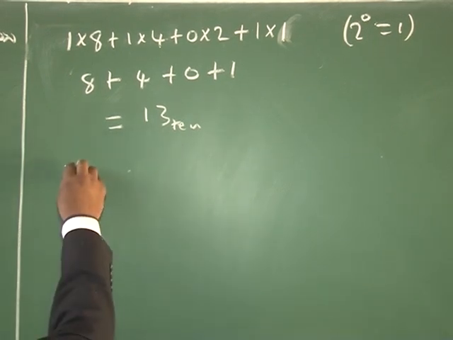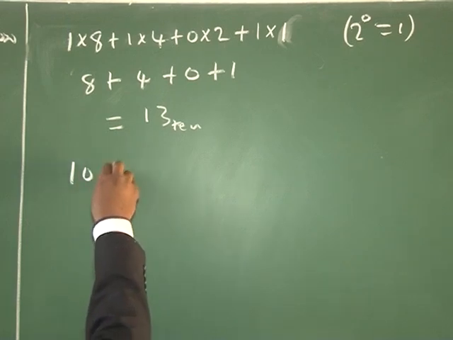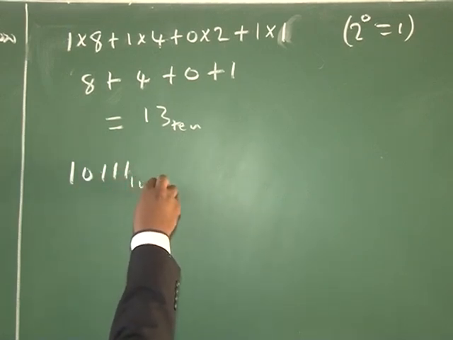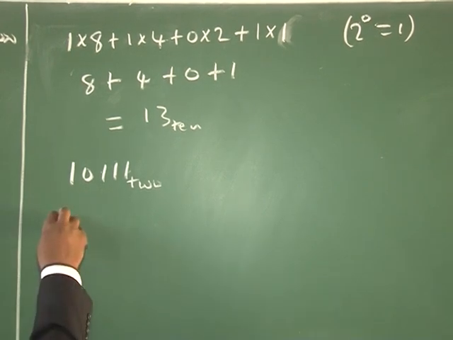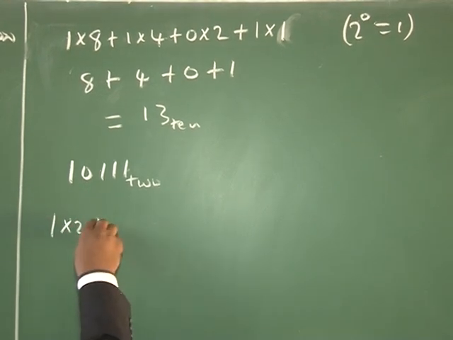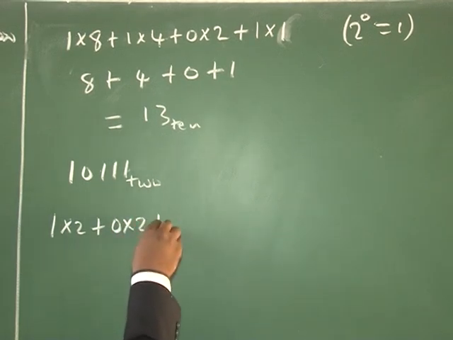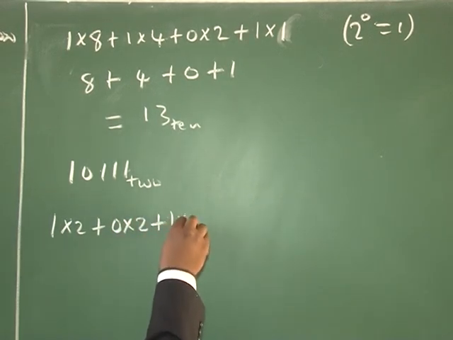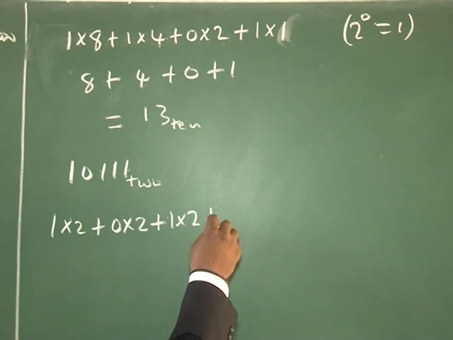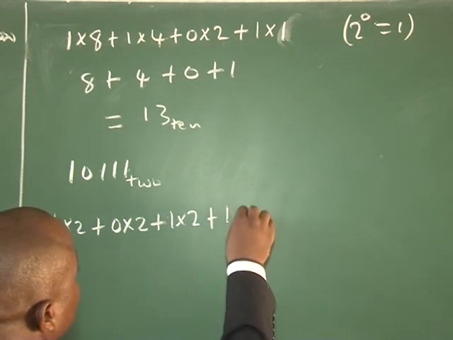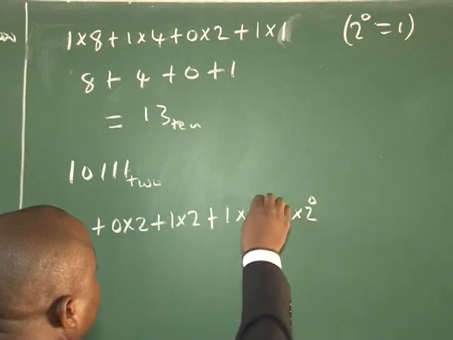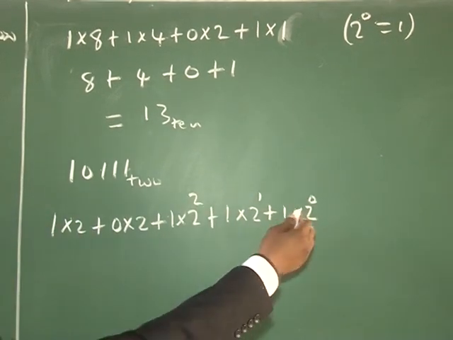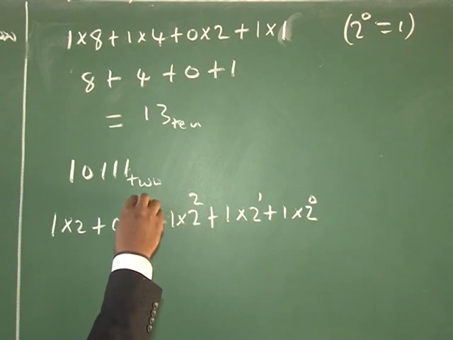We also convert this 10111 in base 2 to base 10. We have 1 times 2 plus 0 times 2 plus 1 times 2 plus 1 times 2 plus 1 times 2. Then we raise it to powers from 0 in increasing order.